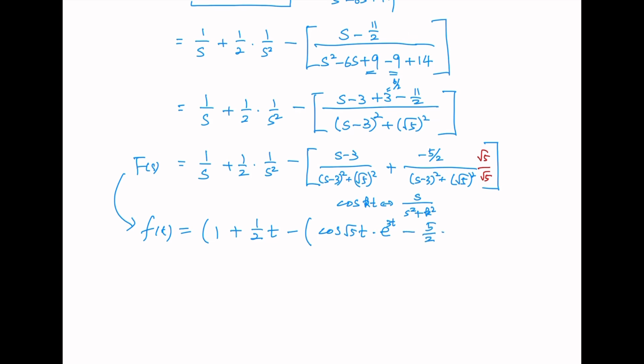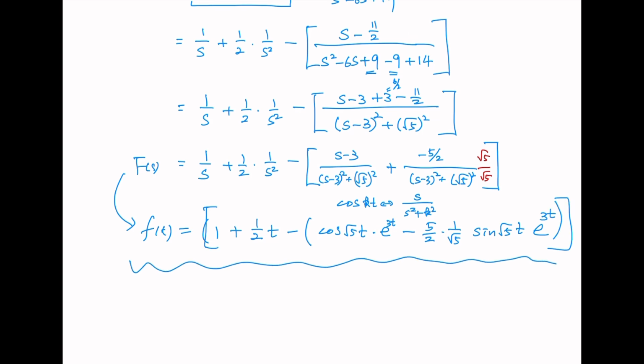Then negative 5 over 2 times 1 over square root of 5. We're going to use square root of 5 for the numerator. That will give us sine square root of 5 t, and we still have that translation theorem s minus 3, so we need to multiply by e to the 3t. So this is the final answer.